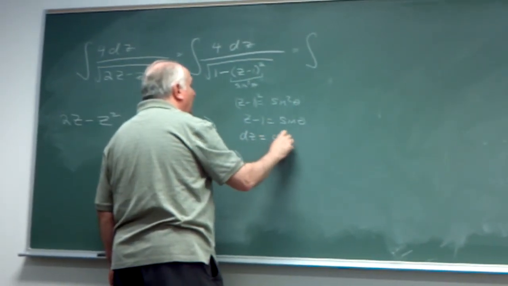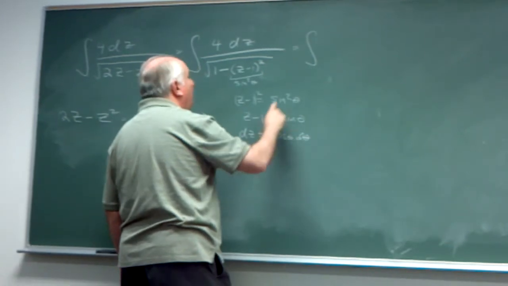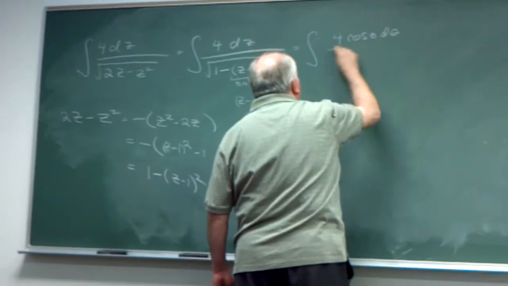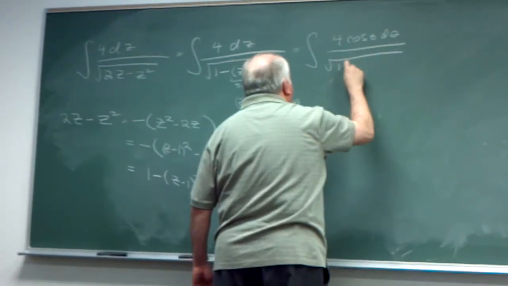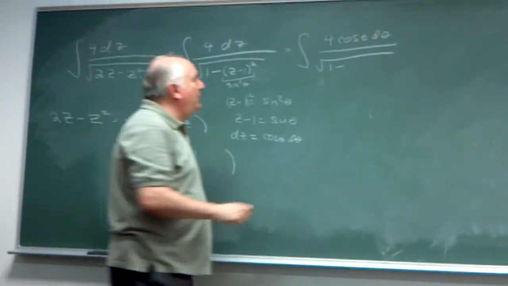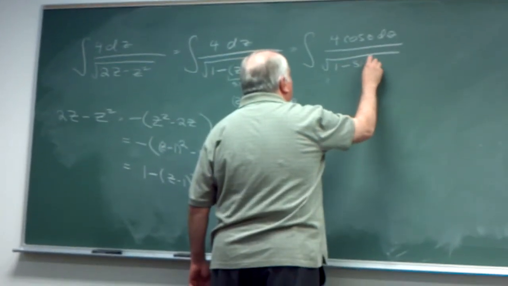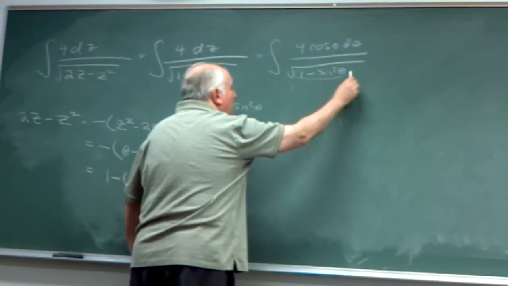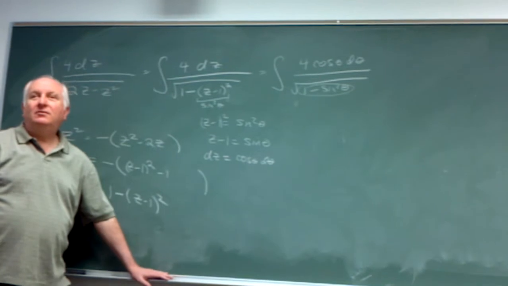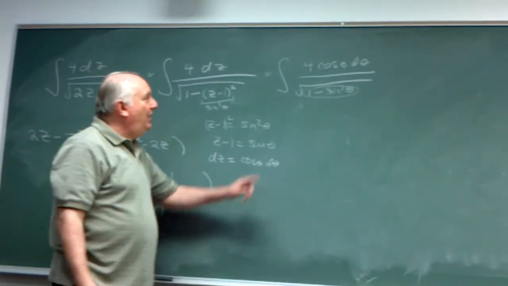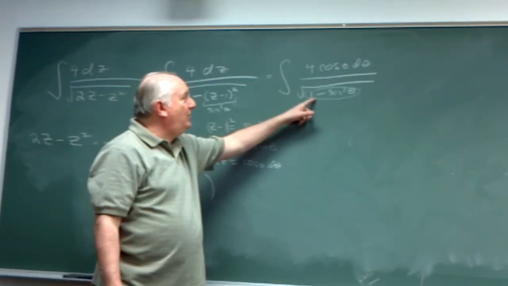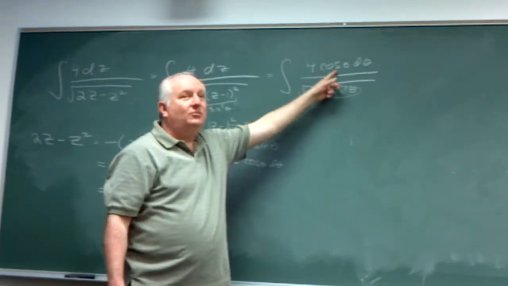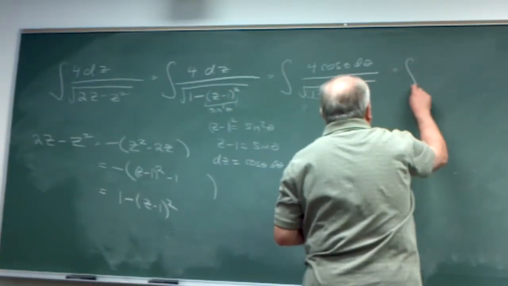So this would be 4 cosine of theta d theta over the square root of 1 minus sine squared. The whole reason we made the substitution is because 1 minus sine squared is equal to cosine squared. And then the square root of cosine squared is just cosine. So the denominator is just cosine, which cancels with that. And this just becomes the integral of 4 d theta, which is 4 theta.